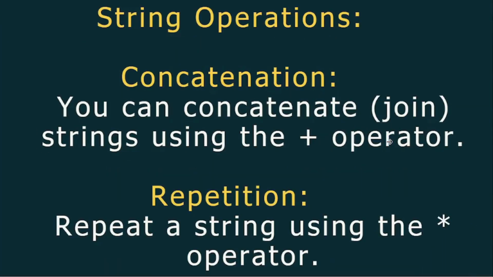Now string operations, we have concatenation. One of the coolest things you can do with strings is concatenate them, which means joining them together. You can do this using a plus operator.